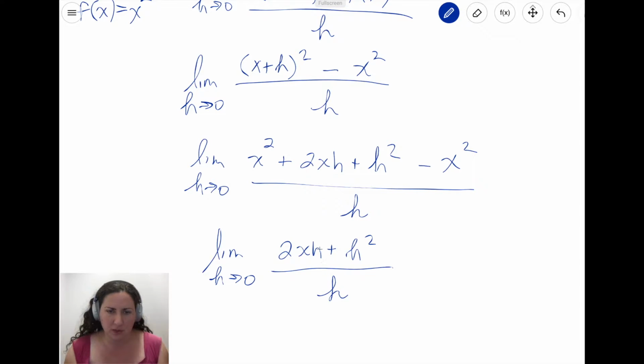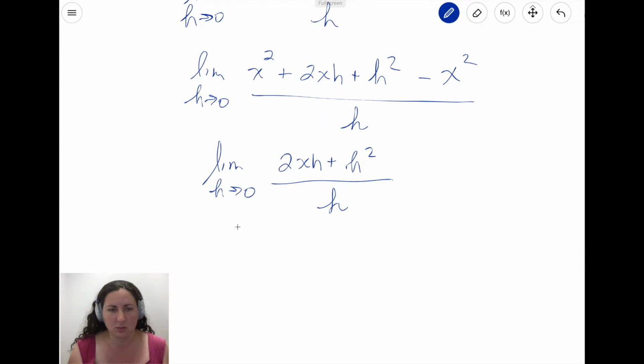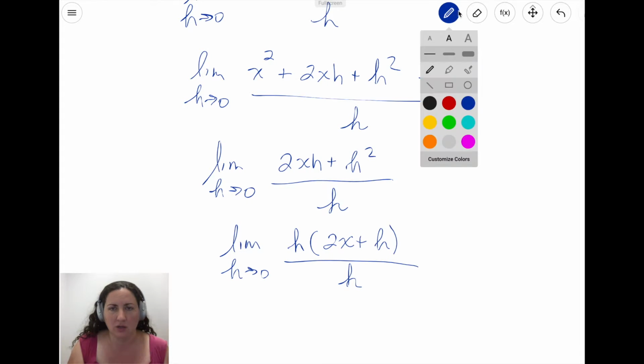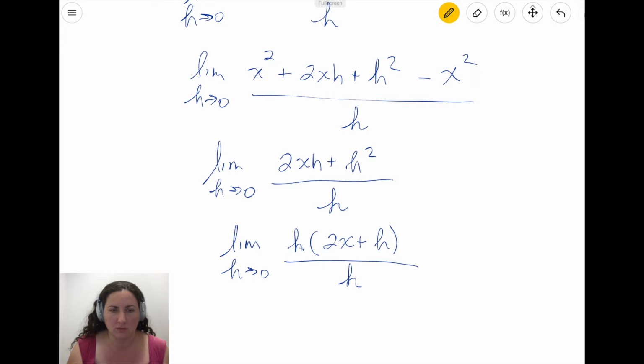And now we can observe that every term in this expression has h in it. So I'm going to go ahead and factor out h from the top. And now you can see there's an h as a factor in the numerator and an h in the denominator, and those are going to cancel out.